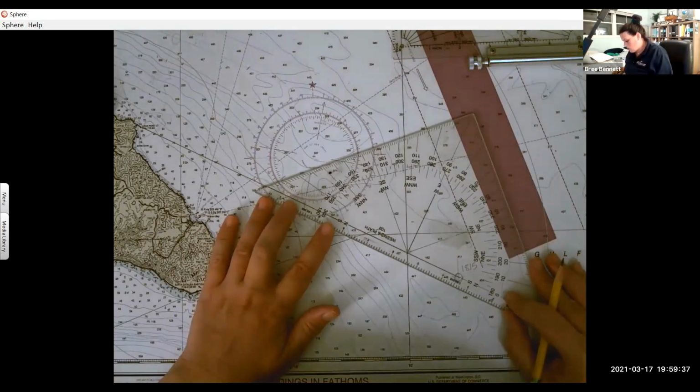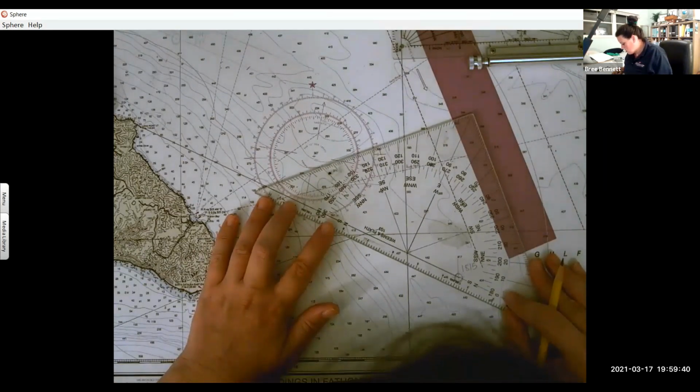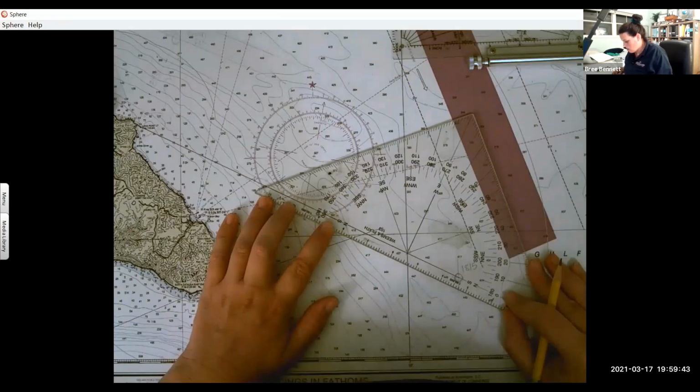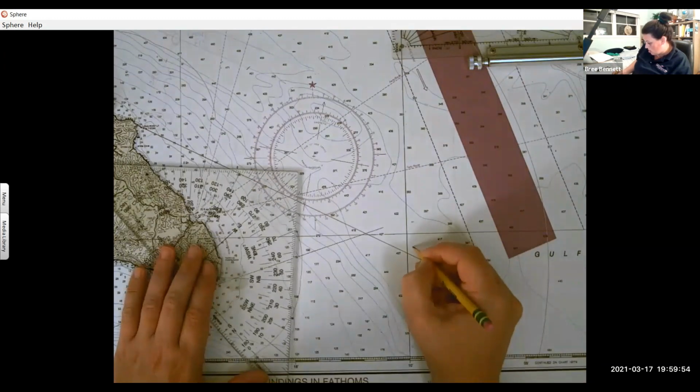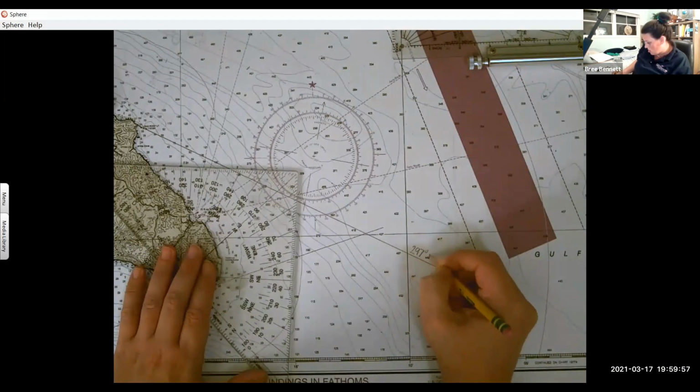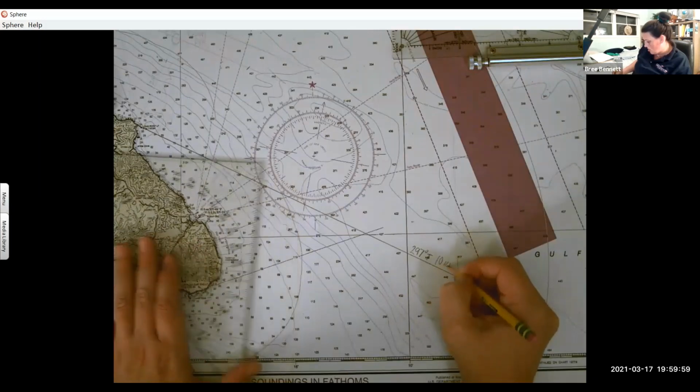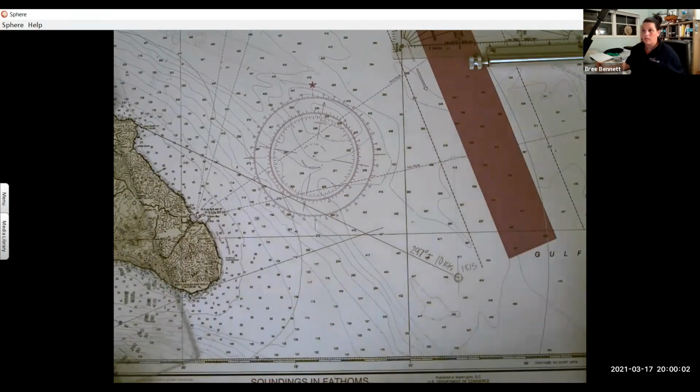So let's get our course. 297 at 10 knots. Okay.